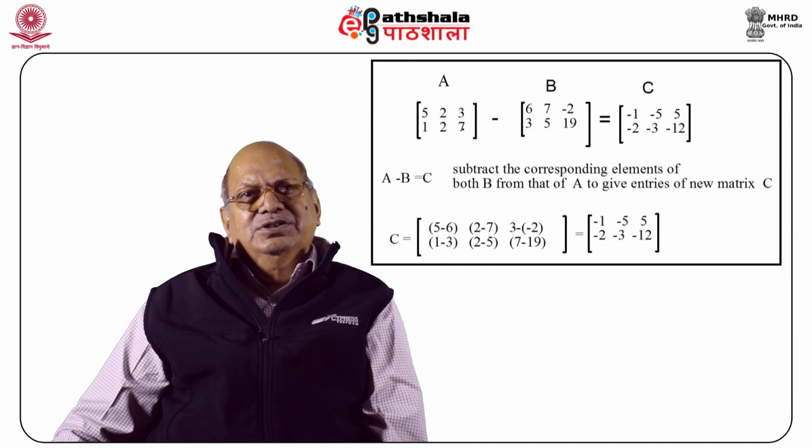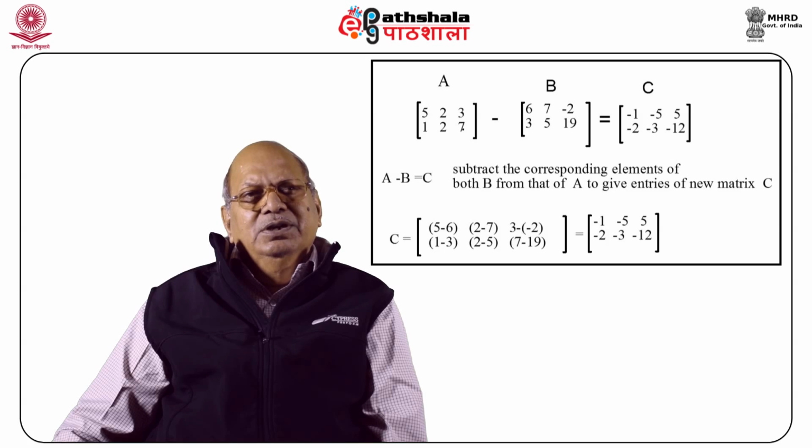Matrix subtraction. Two matrices A and B can be subtracted only if they are of the same size, and subtraction is given by A matrix minus B matrix is equal to C matrix, which is given over here.